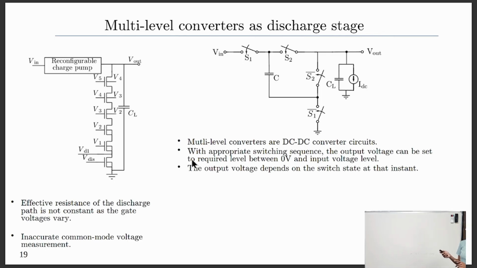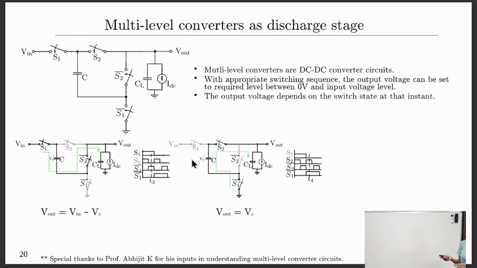Multi-level converters are DC-DC converter circuits. With an appropriate switching sequence, we can set the output voltage to the required voltage level. So let's discuss briefly about that.